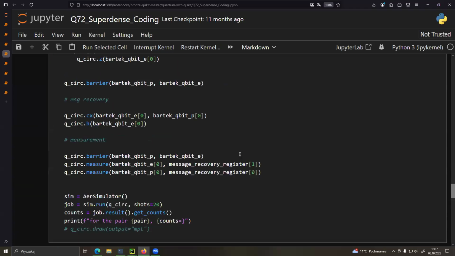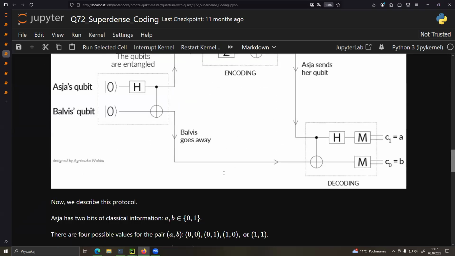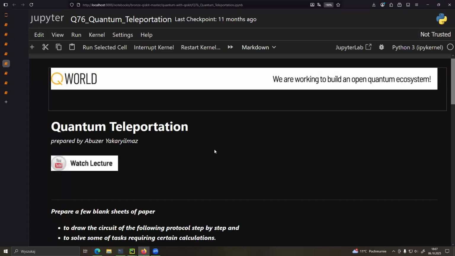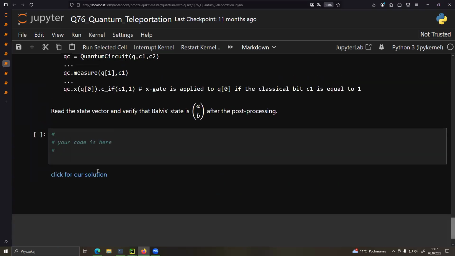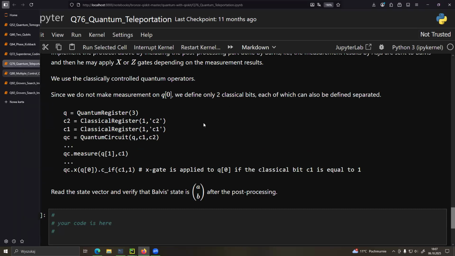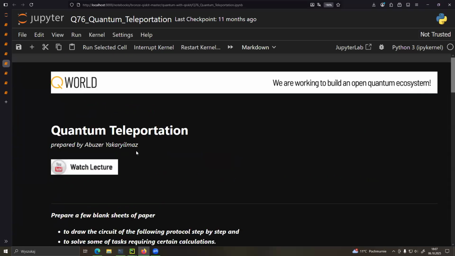I think it is in teleportation actually. Yes, there it is. C underscore F. So that's the required instruction here.